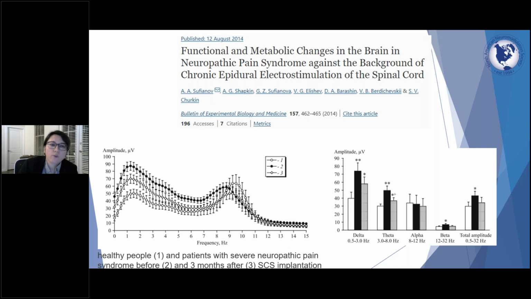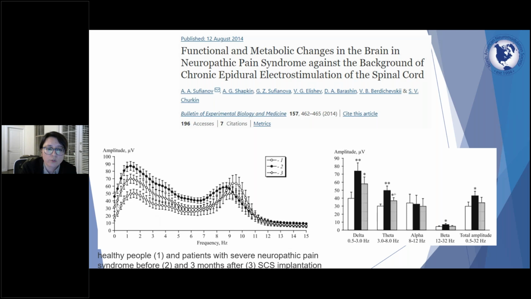In this 2014 study, again, researchers are looking at the spectral changes in 30 SCS patients. All these patients were programmed with tonic stimulation, and they are also comparing the spectral changes to 10 healthy controls. On the left-hand side, you see the average power spectra computed for each group.